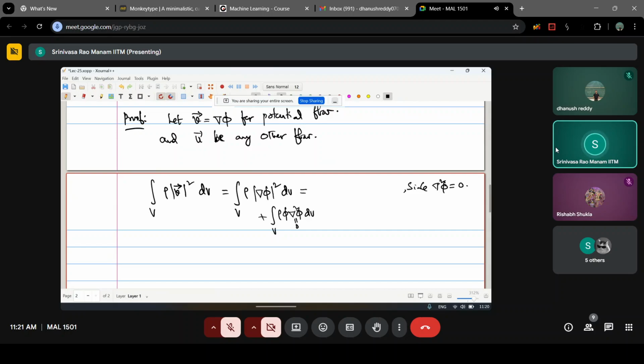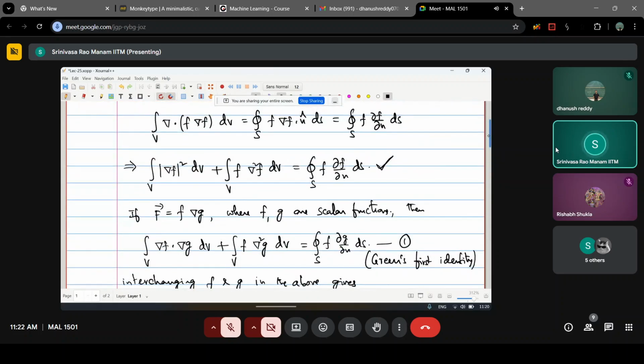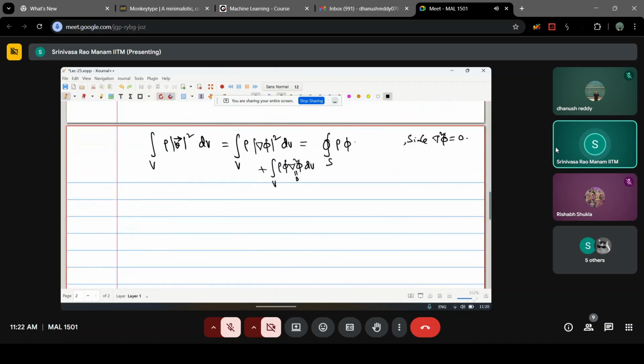By that tick mark relation, you can put it as integral over surface S, rho into phi into dou phi by dou n, dS. In that star, F is phi dou phi by dou n. Now dou phi by dou n is 0, right?